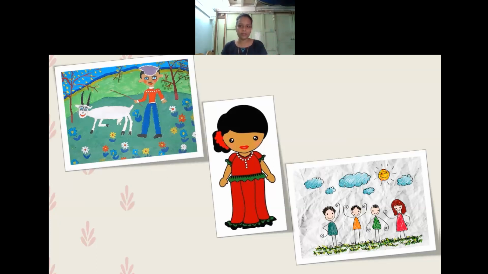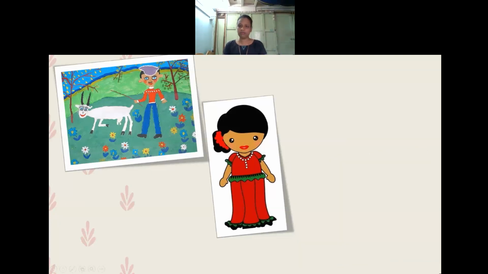All are not the same. Some small child has made a boy and a goat. A little bit more expert has made a lady, which is a cartoon type. And the third one, about the same thing, children have been drawn there. So we can see similar things in your surrounding also. These similar things are not the same.